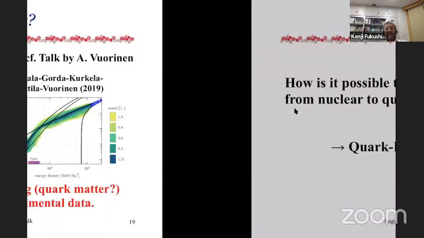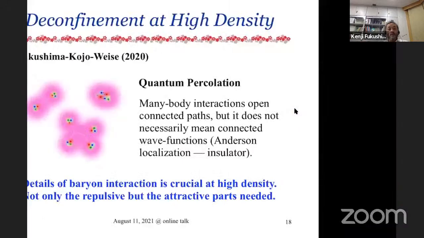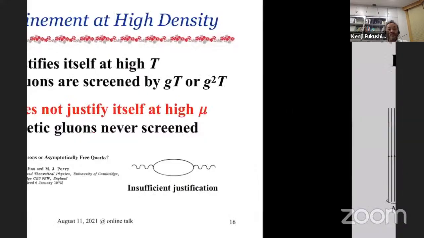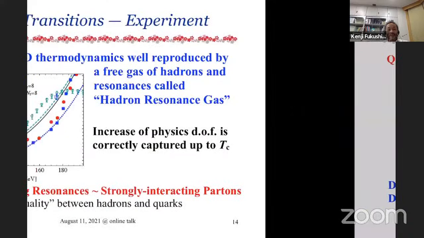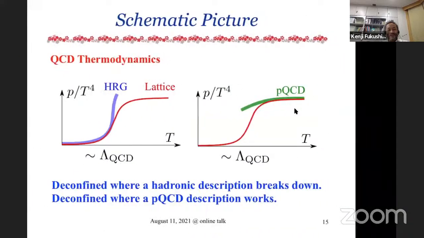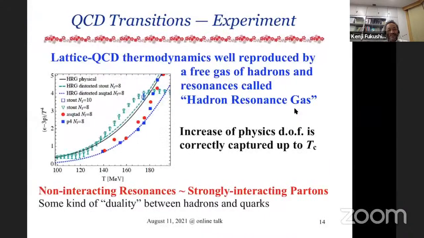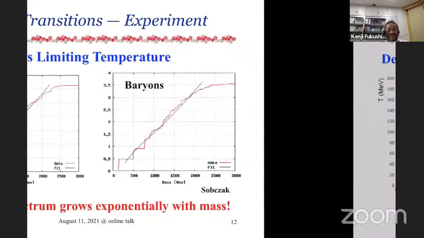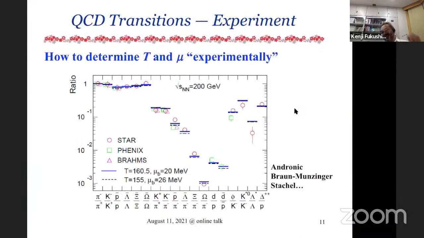Okay, it is taking some time to show the page, sorry. Yes, this one. So this is a surprisingly successful fit to explain the experimental data.